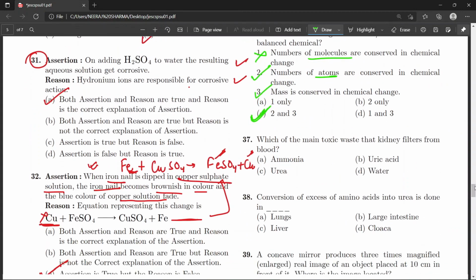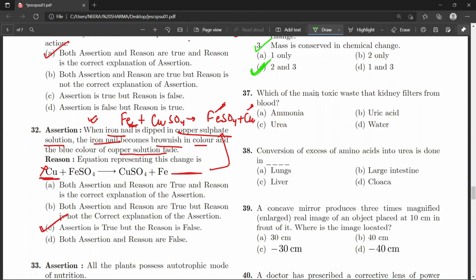Coming to question number 37, which is the main toxic waste that the kidney filters from blood, right? Is it ammonia, uric acid, urea or water? This you should know, right? This is a very simple question. It is urea, all right? It is the waste which is filtered from our blood by the kidney.